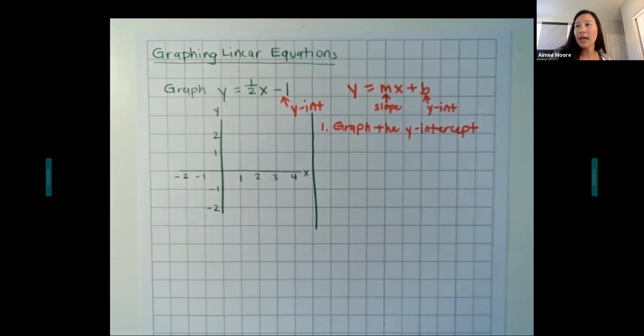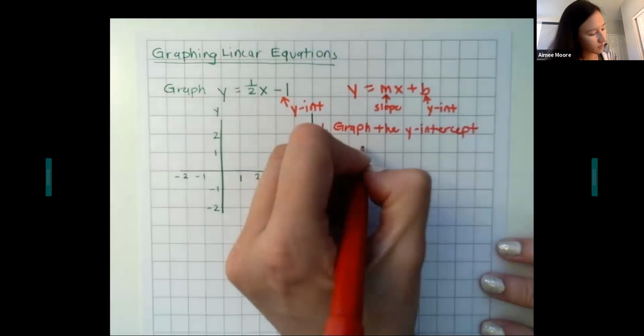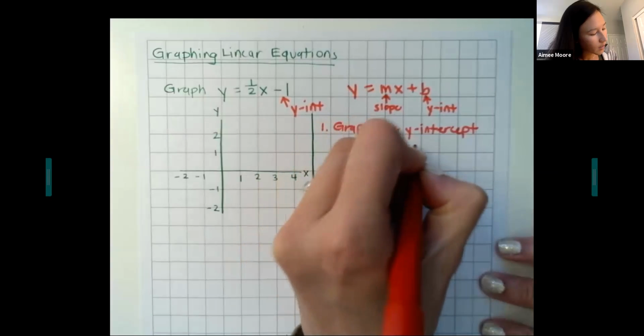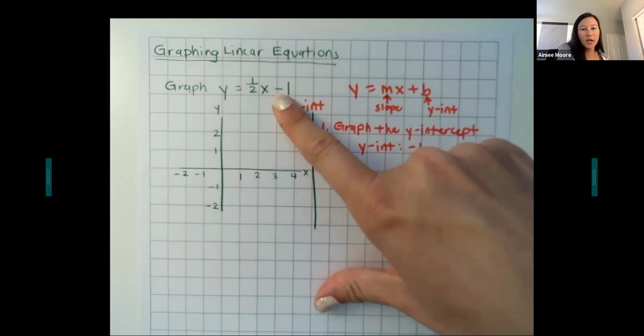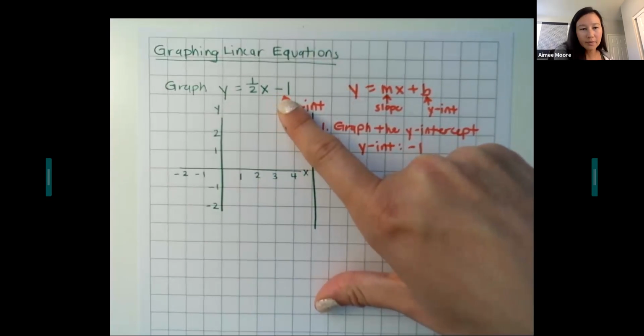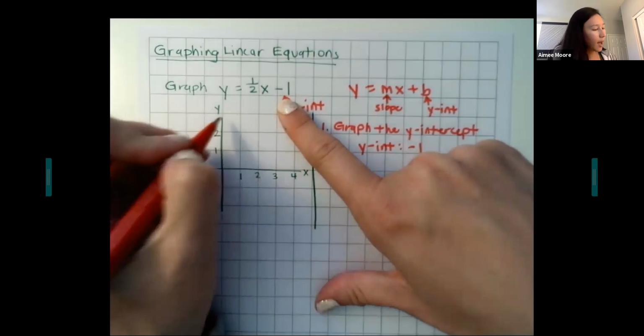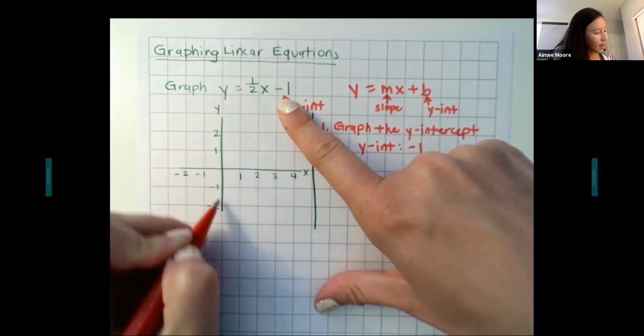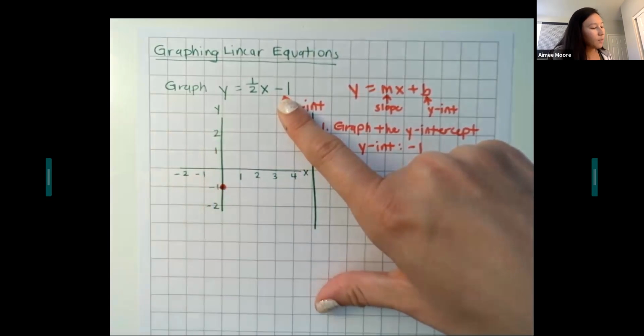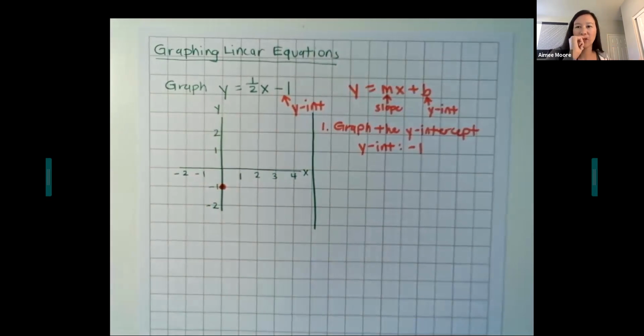So in this case, the y-intercept is -1 because our equation tells us that. So we're going to go to the y-axis and we're going to find -1, which is right there, and we're going to plot a point because we know that the graph goes through that point. That's where it crosses the y-axis.